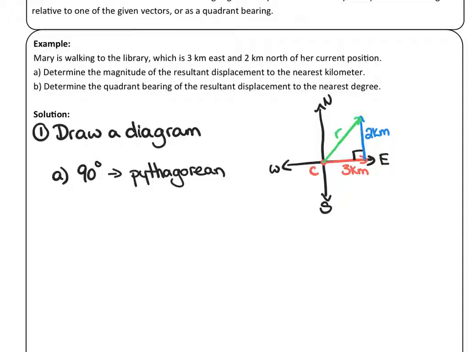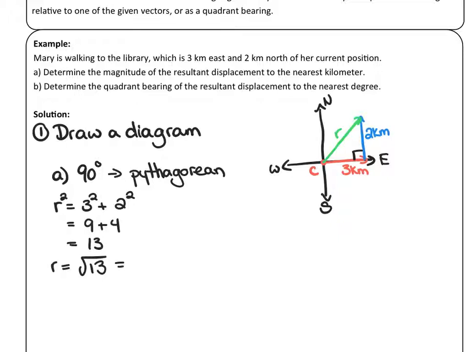But in this case, we know that there is 90 in between, so we're going to use Pythagorean. So r squared is going to be 3 squared plus 2 squared. So 9 plus 4, 13. So r is root 13. So we know the magnitude of that.